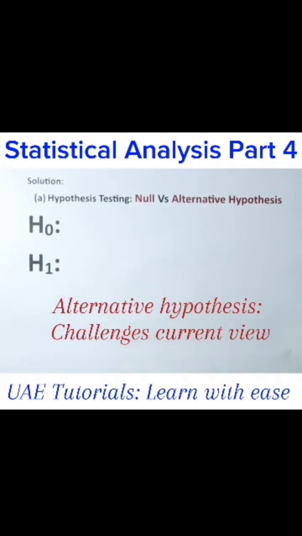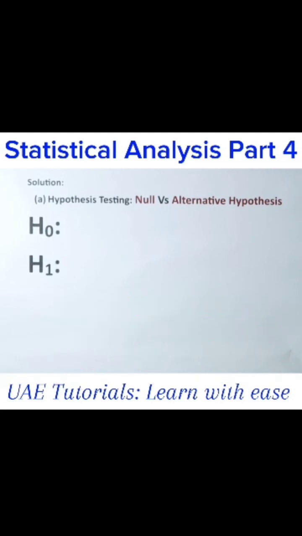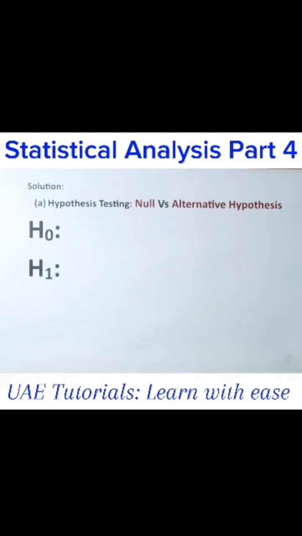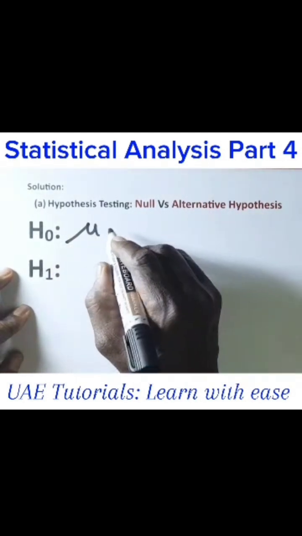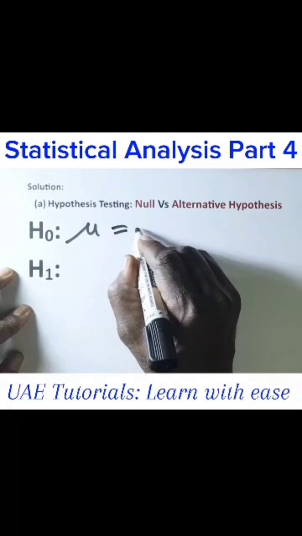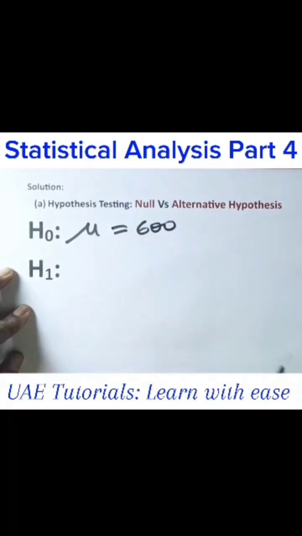So how is it written? In this question, the first part says the government recommended pump price of PMS is 600 naira per liter, meaning that it is generally accepted that PMS, we call it petrol in Nigeria. Anyway, the real name is PMS, Premium Motor Spirit, should be 600 naira per liter. So this is how it is written. Mu equals 600.